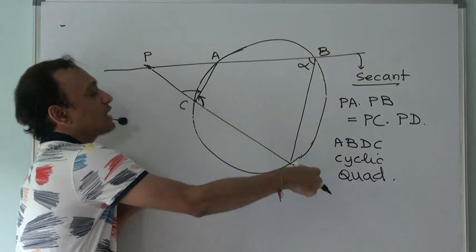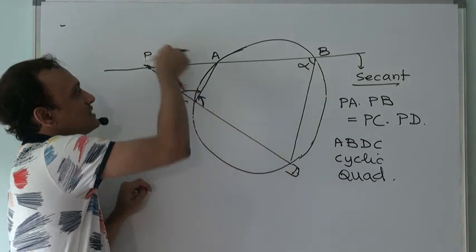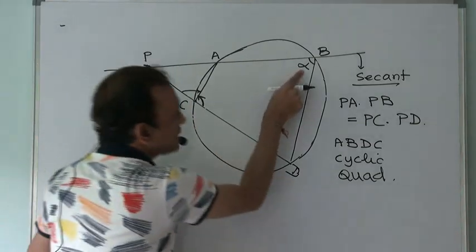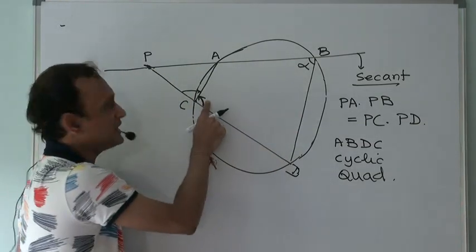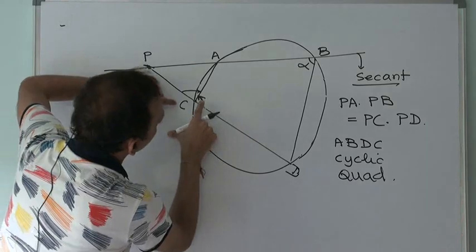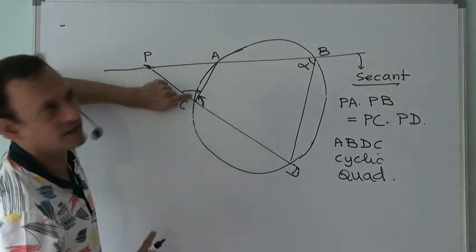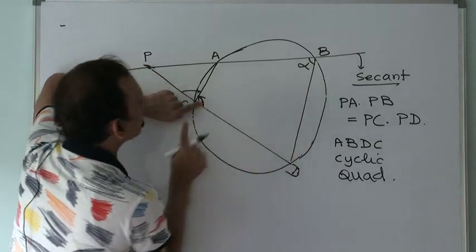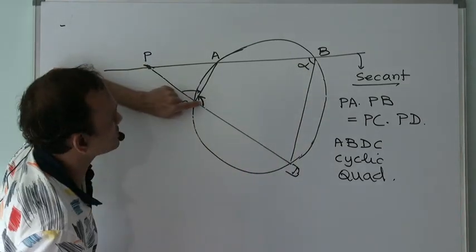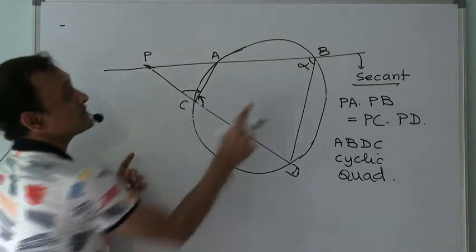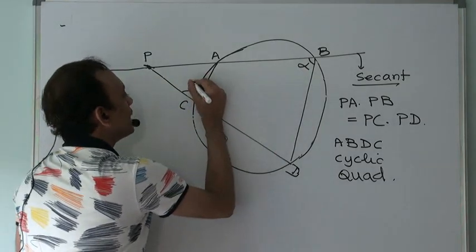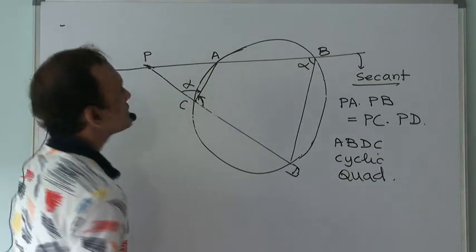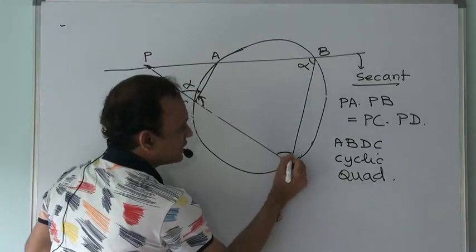Since P, C, D are collinear points, the angle ACP and the angle ACD is 180 degrees. So if this angle plus this angle is 180 degrees and this angle plus this angle is 180 degrees, that means whether you add this angle to this angle or you add this angle to this angle, it's giving you the same value. That means if this angle is alpha, would you mind believing that this angle will also be alpha?